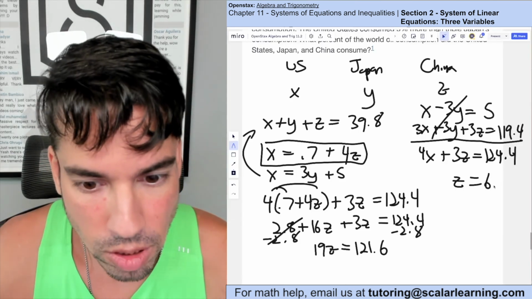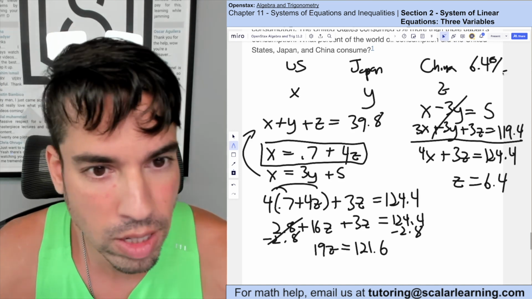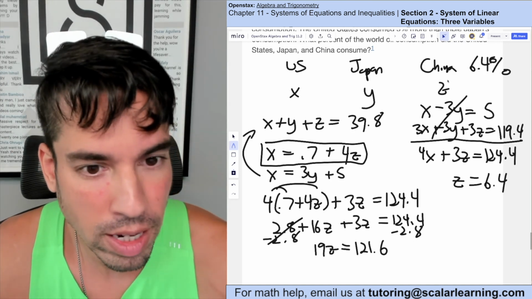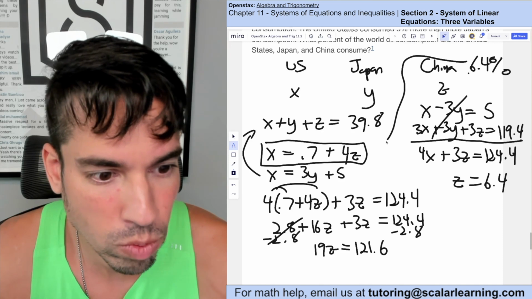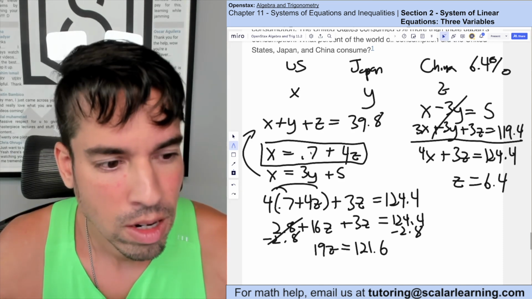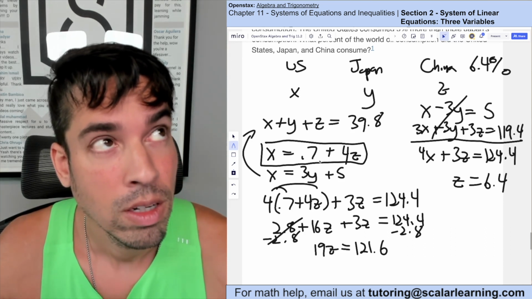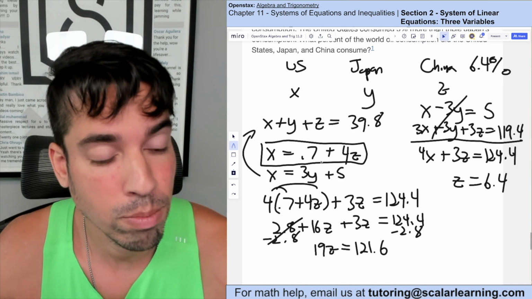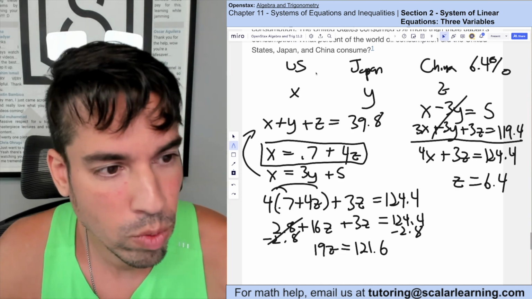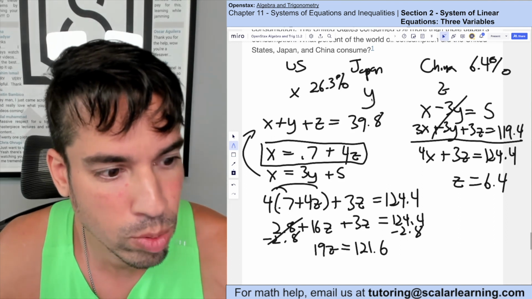So z equals 6.4. So that means China is consuming 6.4%. Now, since I know China, I can plug that into this equation right here. So 4 times 6.4, that's 25.6 plus 0.7 is 26.3. So X, or the US, is equal to 26.3%. Last but not least, we need y.